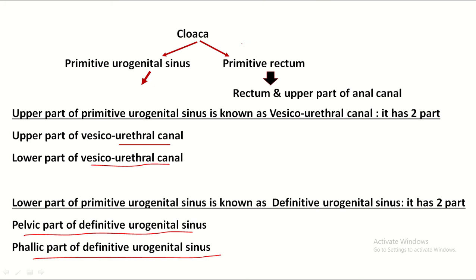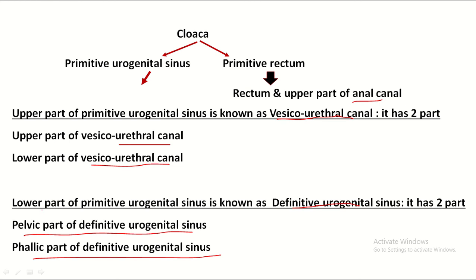This slide actually shows the summary of the fate of the cloaca. Cloaca is divided into two tubes: primitive rectum, which develops the rectum and upper part of the anal canal, and primitive urogenital sinus, which develops two structures: the vesico-urethral canal, upper part, and the definite urogenital sinus, lower part.